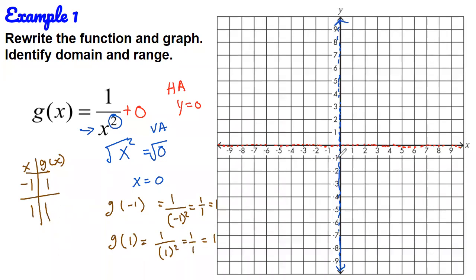So let's graph. We have -1, +1, and +1, +1. So in which quadrants are going to be my graphs? This is the first quadrant, second quadrant, third and fourth. So it would be in the first and second. So let's graph them.